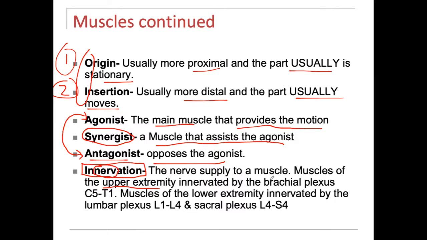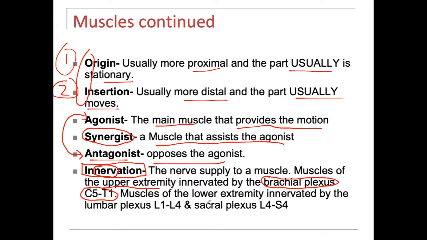The nerves that go to those muscles are going to come from the neck, from the levels C5 to T1. Okay, C5 nerve root, C6 nerve root, C7 nerve root, C8 nerve root, and the T1 nerve root. Yes, there's only 7 cervical vertebrae, but there are 8 cervical nerve roots. Those nerve roots come from what's called a brachial plexus.